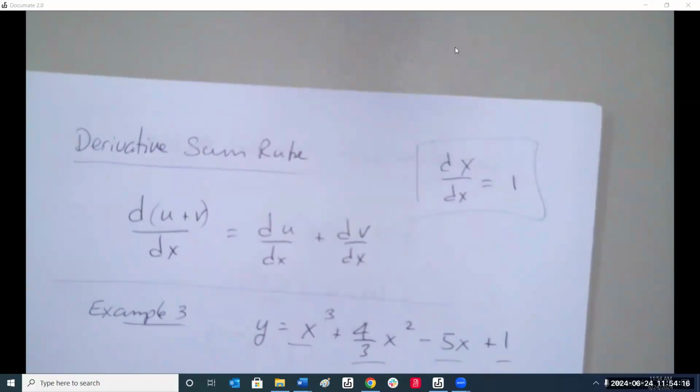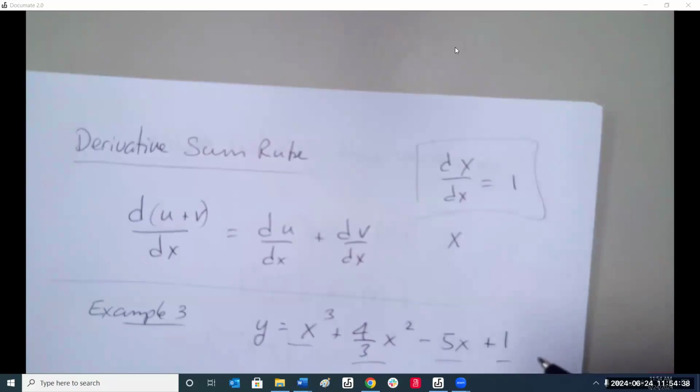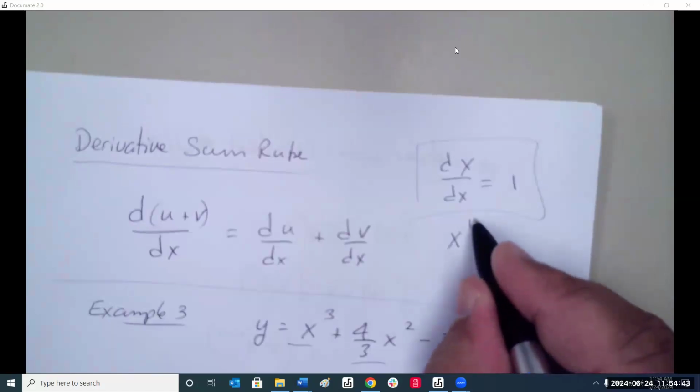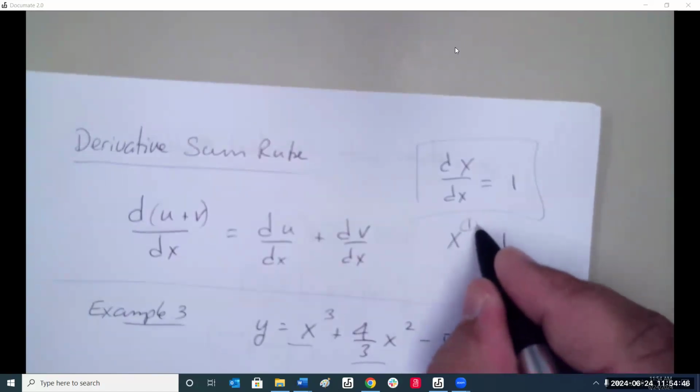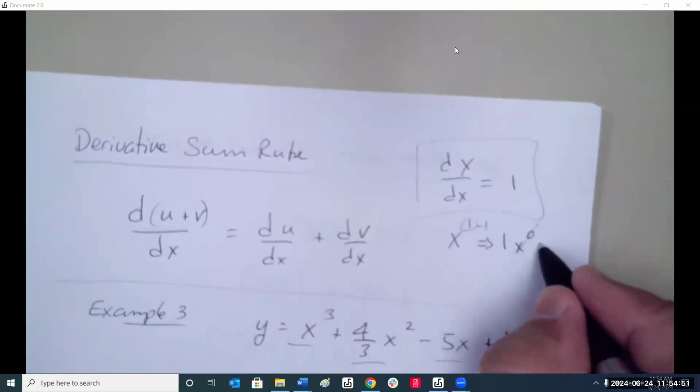Can anybody guess why it's 1? We haven't talked about it yet, so you can't find it anywhere. Just use what you know of math. What's that? Kind of. Because what's the exponent of x? Using the power rule, you bring the 1 down and subtract 1. x to the 0 is 1, so it's 1.